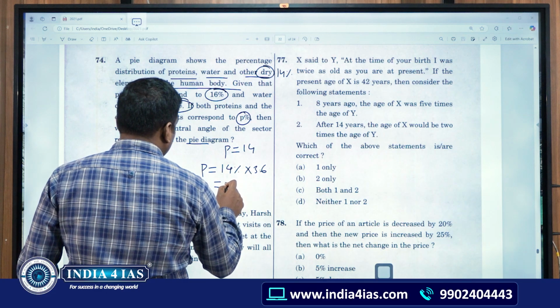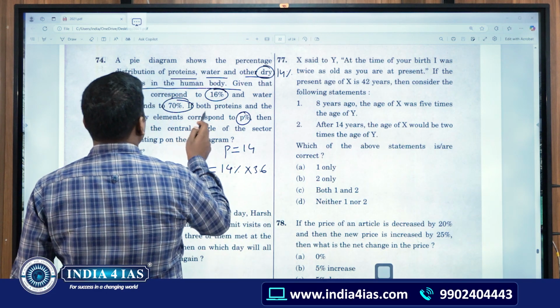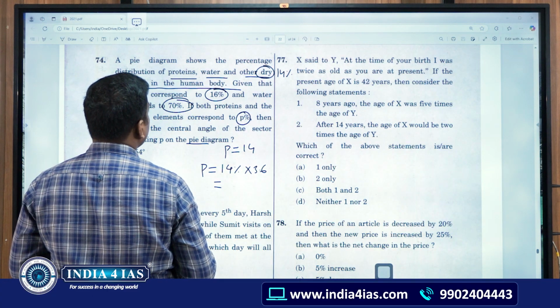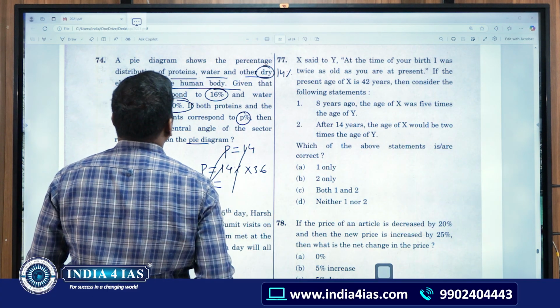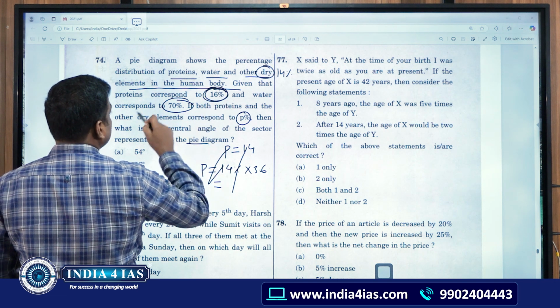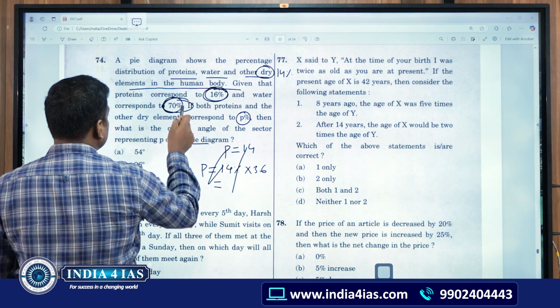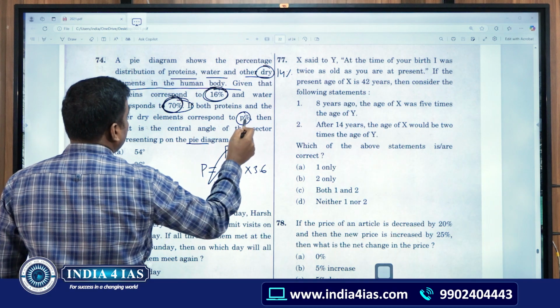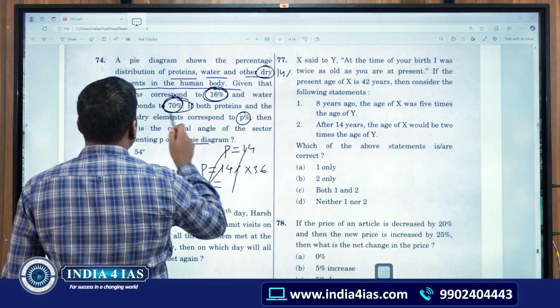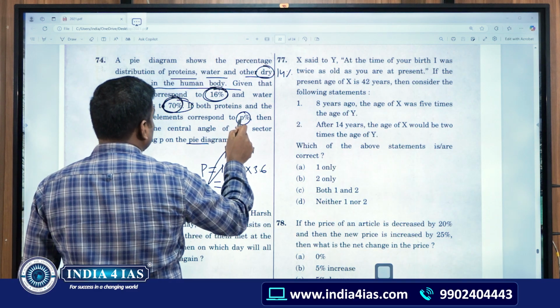See, if both proteins and... Proteins correspond to 16 and water corresponds to 70%. Okay. Then P is equal to, if both proteins and the dry elements correspond to P%.